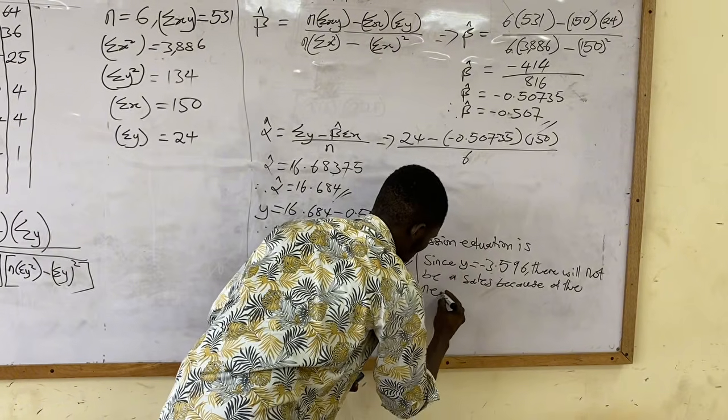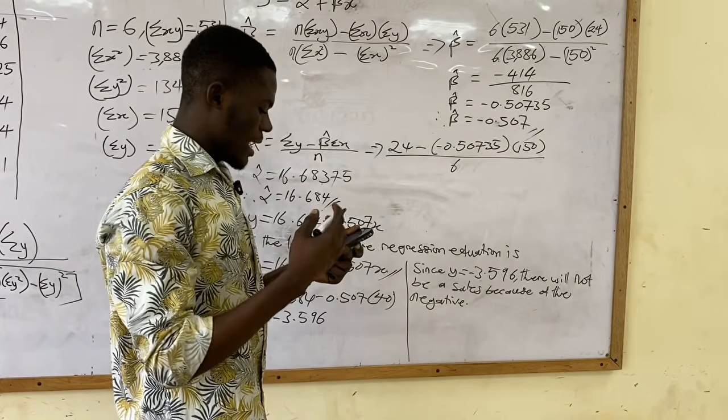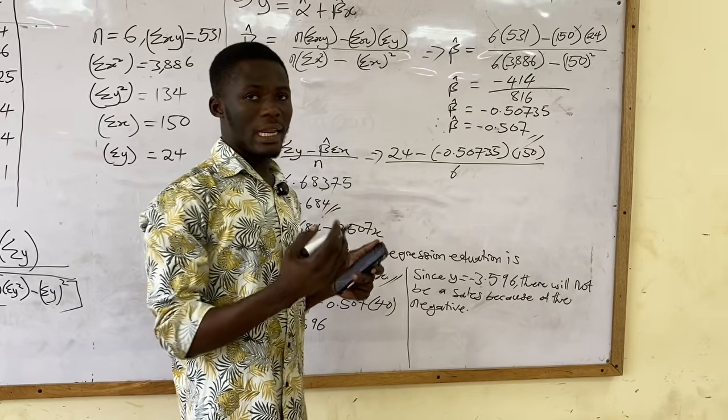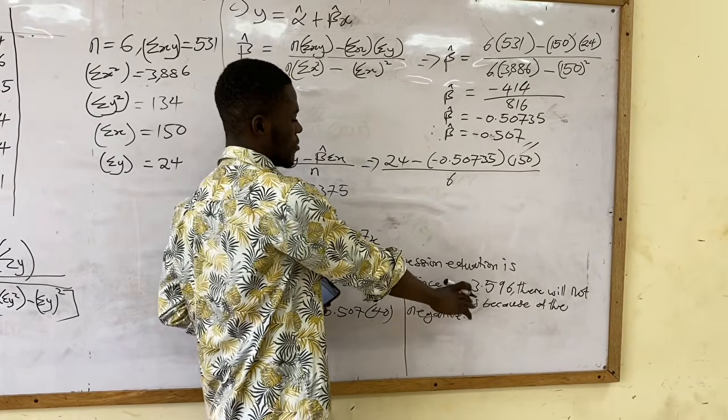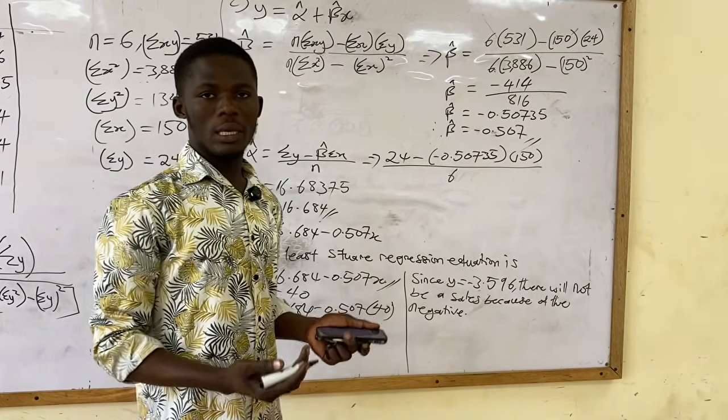They wanted us to predict the number of jackets that can be sold, but at the end we found that the prediction was negative, so there will not be any sales.